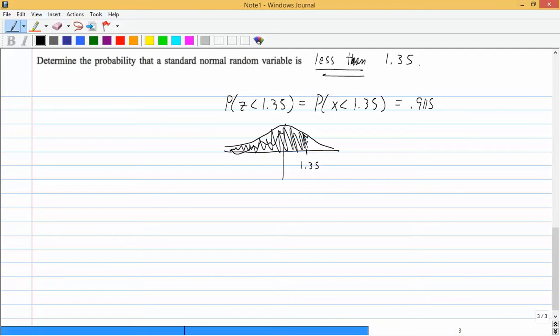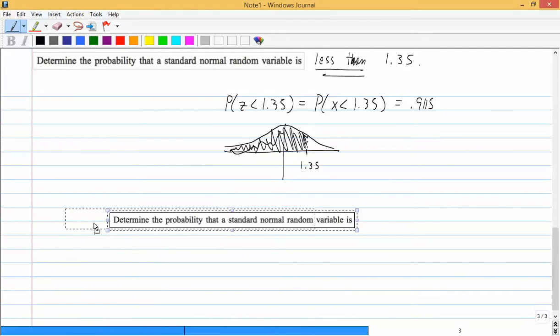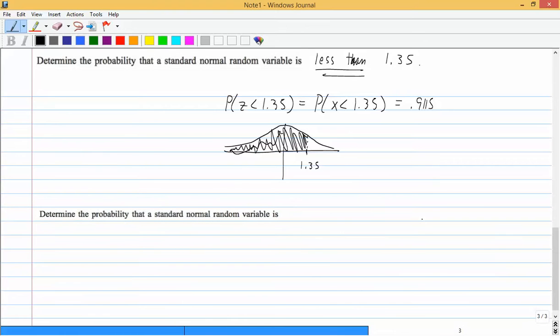If we wanted to do the exact same problem, except I'm going to put is greater than 1.35. Okay, so what I'm trying to figure out, and compare what I'm about to draw here. Whoa, that's a crazy normal curve.